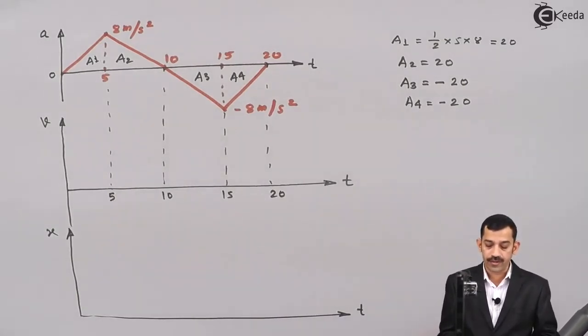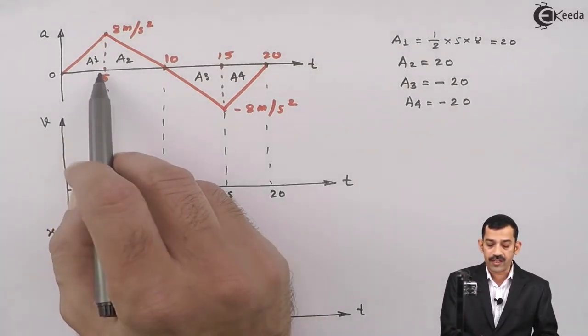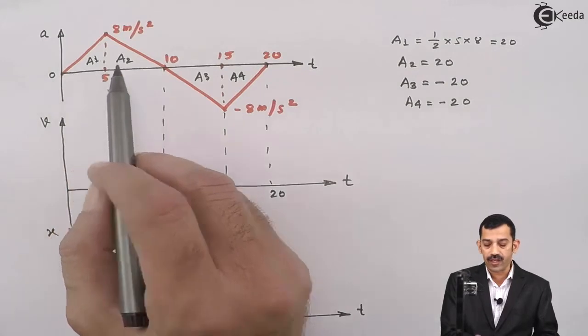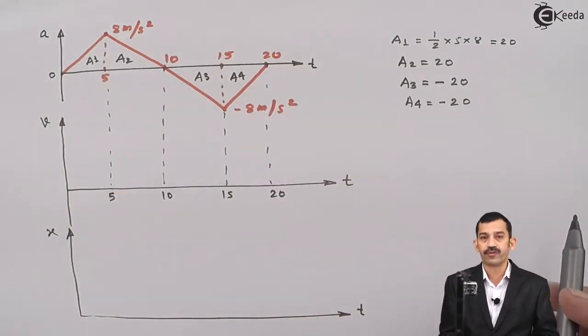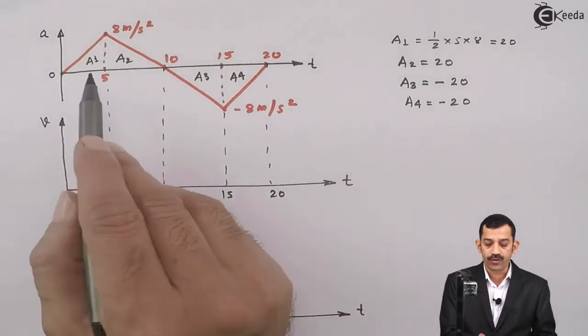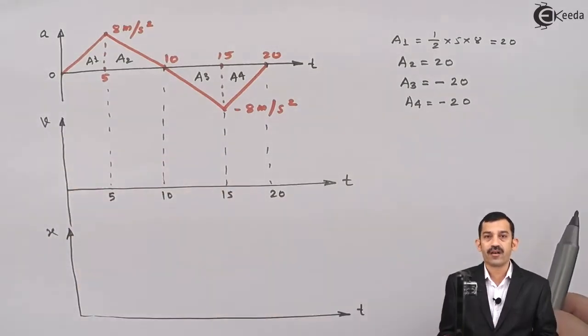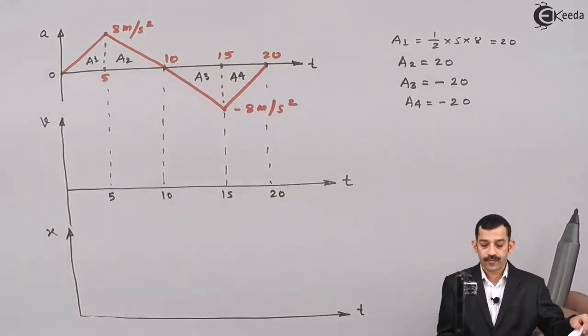For that, we take the area under the AT diagram from 0 to 5 seconds, then 5 to 10, 10 to 15 and 15 to 20 seconds, where all areas are triangles. That means all areas are the same in magnitude. Areas above the t-axis are taken with positive sign, and areas below the t-axis with negative sign.